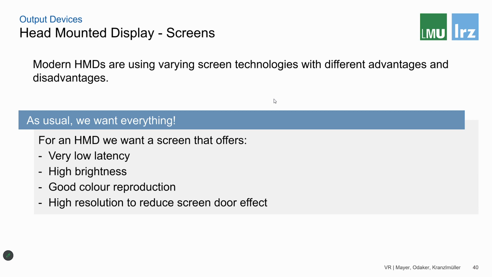And even now, and especially like 6 to 8 years back, you had this big discussion where it was like, do I get an IPS screen, which has nice color reproduction, but it has a 5 millisecond response time, which means that it's not great for fast gaming, stuff like that. Well, for VR, of course, we want a screen that has a very, very low latency. So good response time and fast image updating.